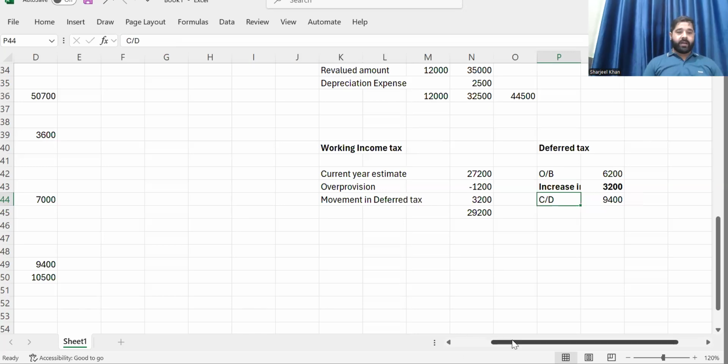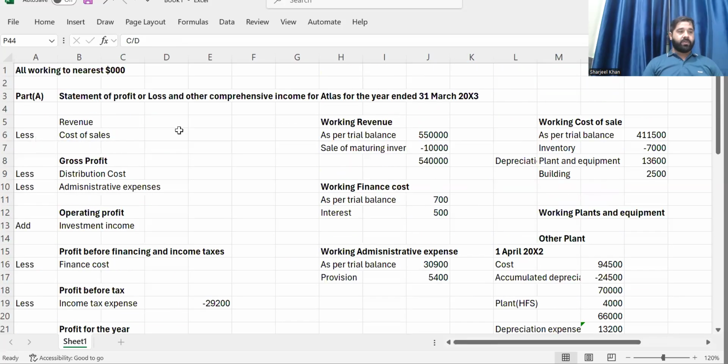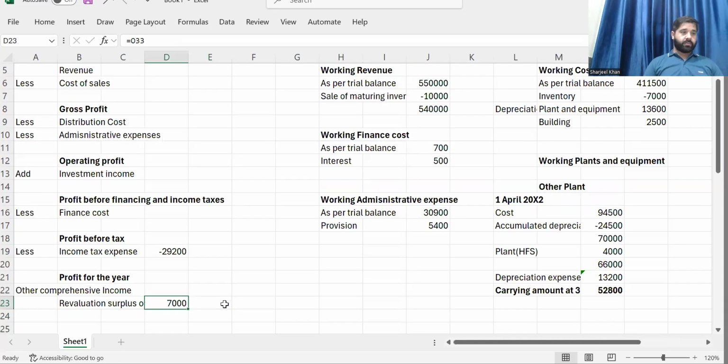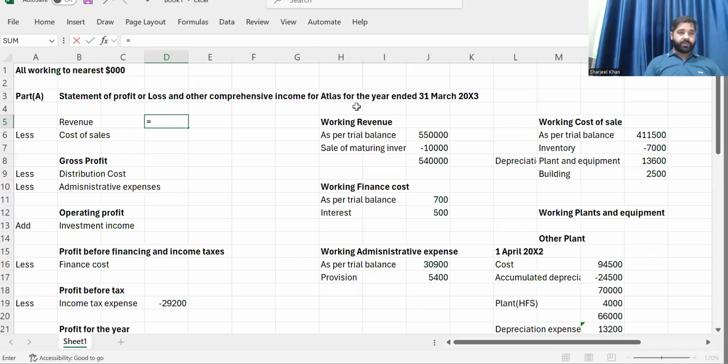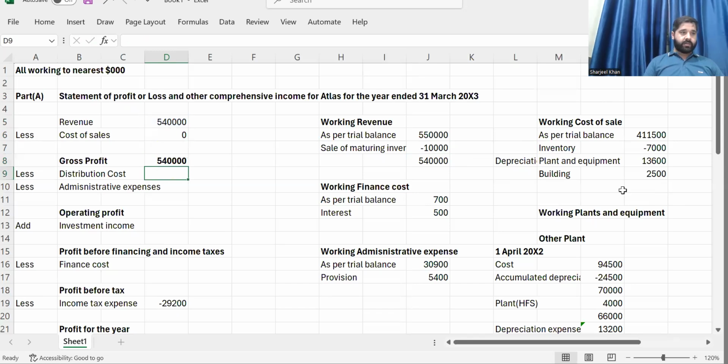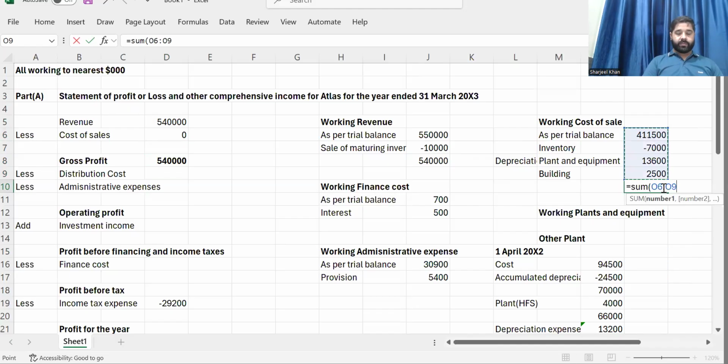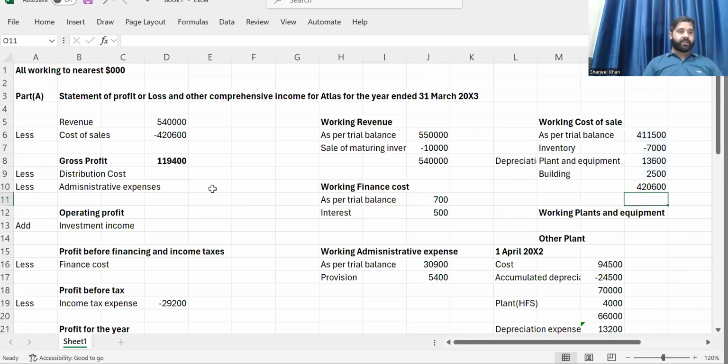Clear to everyone? That is the end of the relevant notes. Now start the closing. My 40,000 is the revenue, while I will calculate the cost of sale over here. And what will be the cost of sale is equal to sum of this.